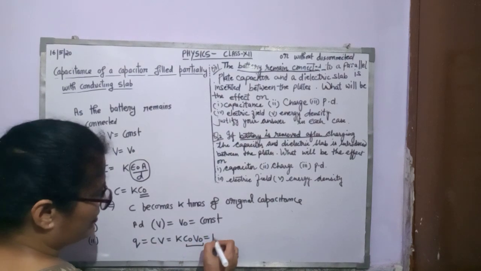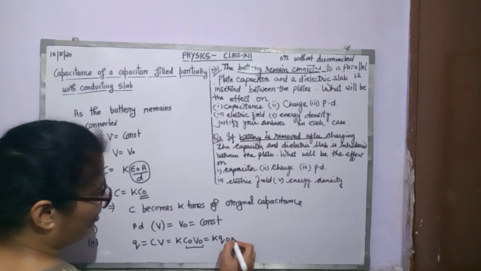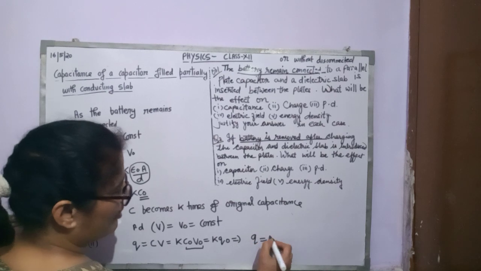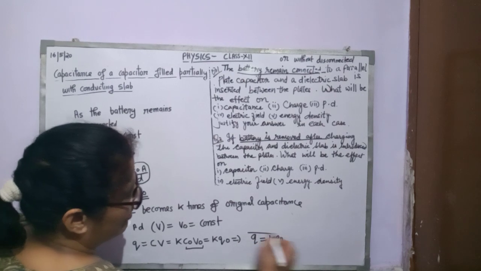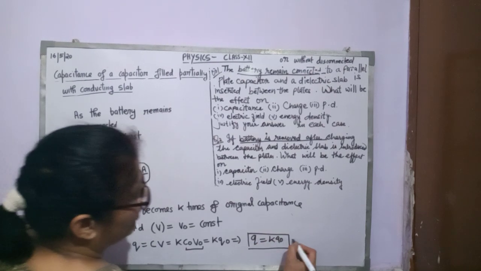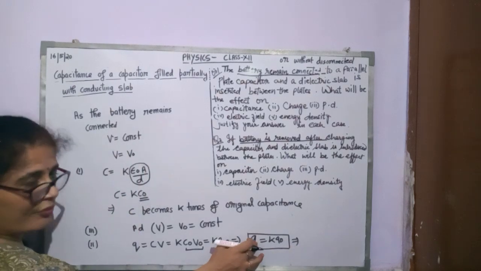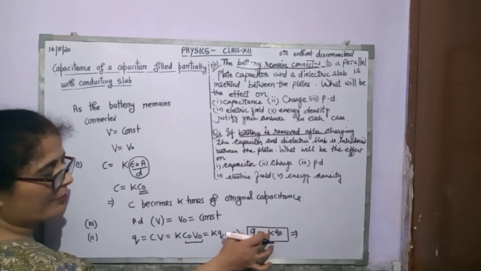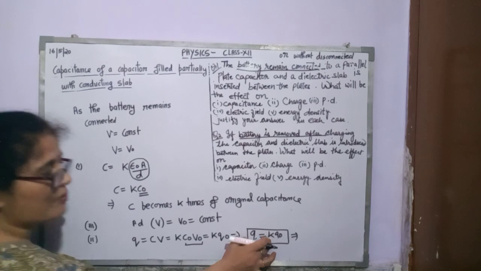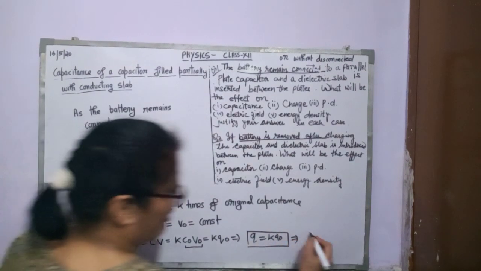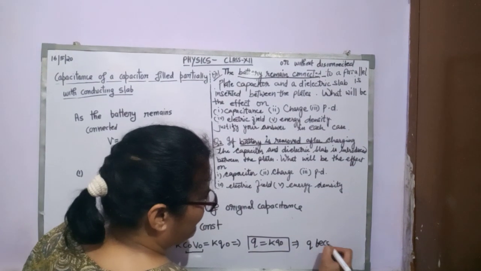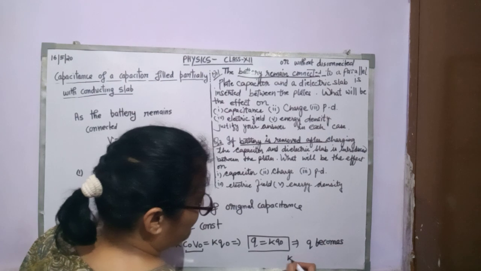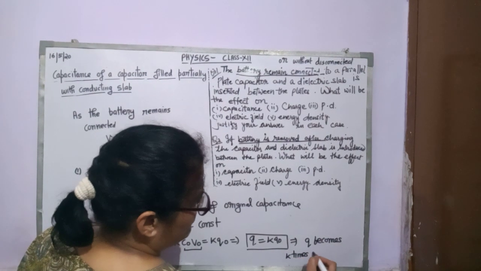That means this is equal to K Q naught. You can say Q is equal to K Q naught. This implies that Q increases, it becomes K times of the original charge.